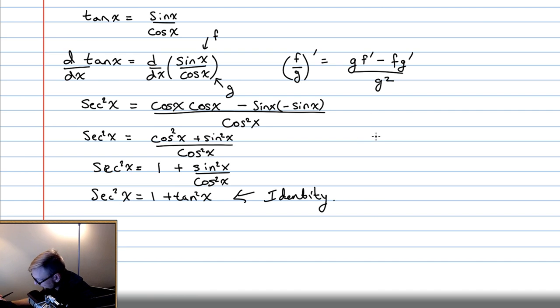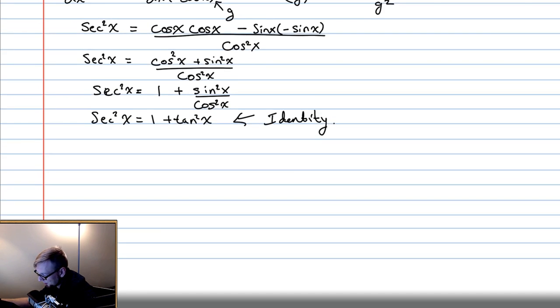You could actually take the regular identity sine squared plus cos squared equals 1, and you can get quite a few identities from it. All you have to do is just divide by one thing and see what you get. Divide by another thing and see what you get.